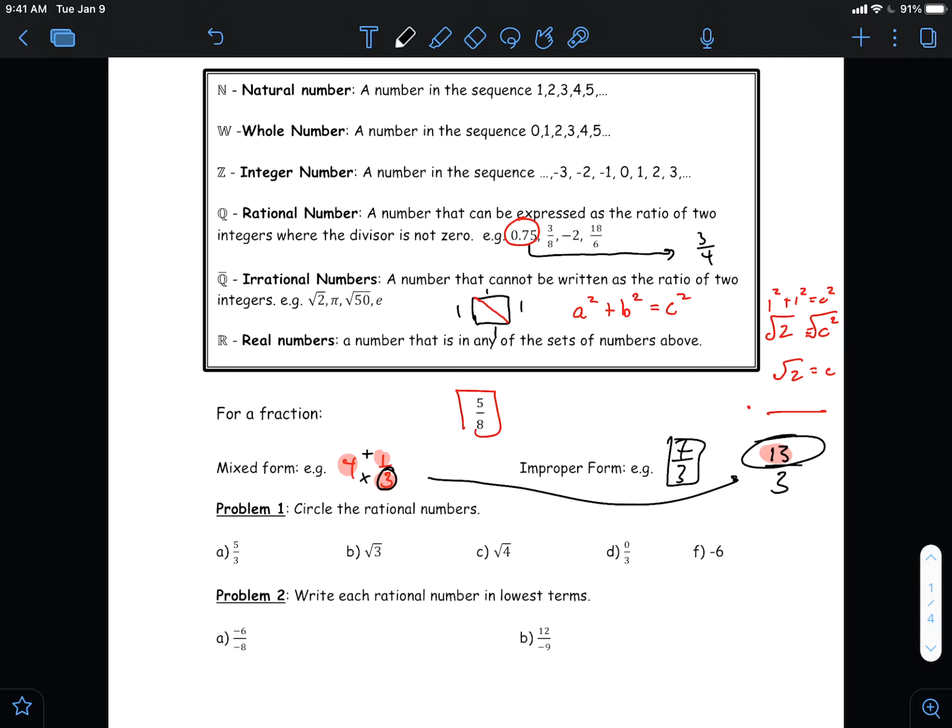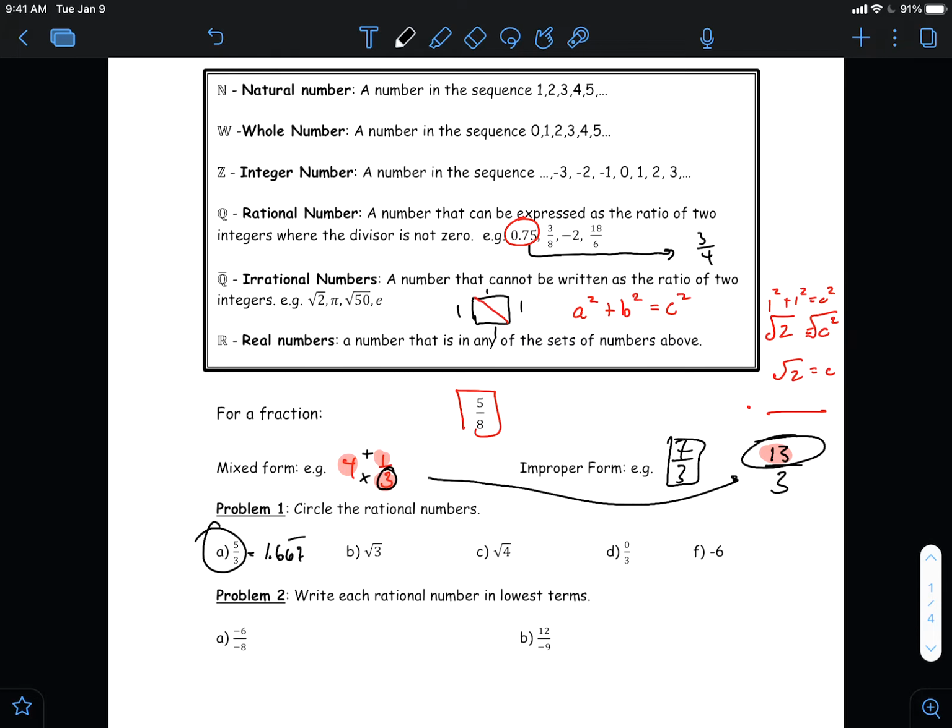What is it, Allie? 1.666. Okay, so it's 1.66 and with a 7 or whatever repeated, right? So we have this repetition in the decimal, and obviously it has been built by 5 divided by 3. So that would be rational, right?